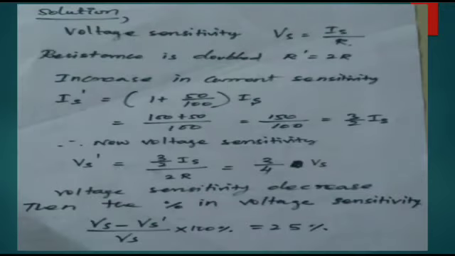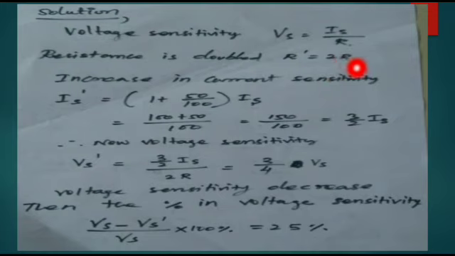The solution. The voltage sensitivity formula, we know that Vs is equal to Is divided by R. If the resistance is doubled, the new resistance R dash is equal to 2R, because we doubled the original resistance.